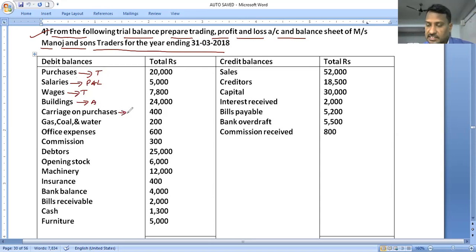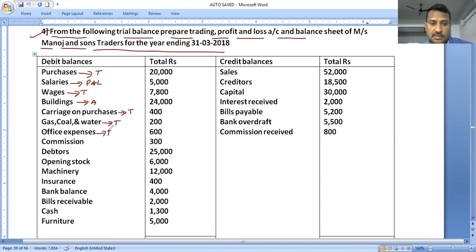Carriage on purchases is a direct expense, part of the trading account. Gas, coal and water, trading account, used for manufacturing. The gas, coal and water are used as materials for production of the goods, so all these production expenses are part of the trading account.